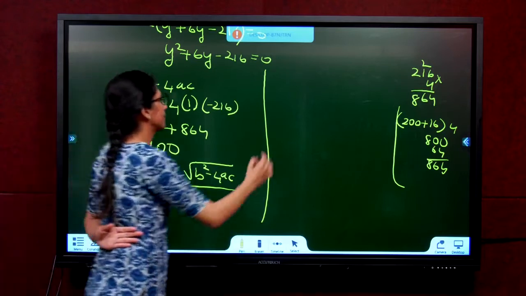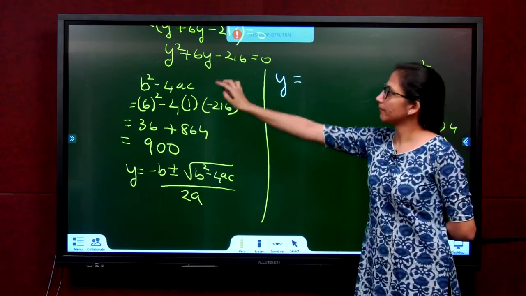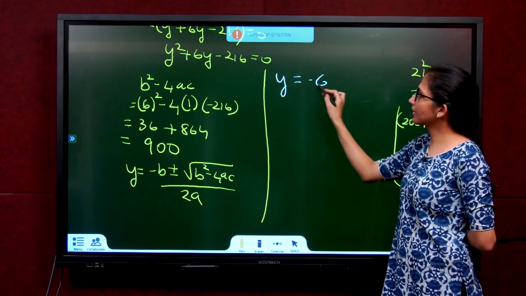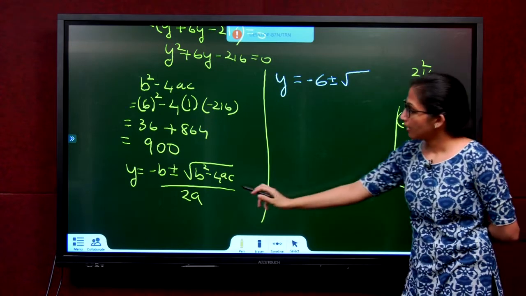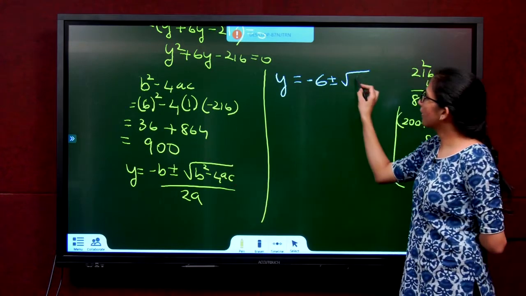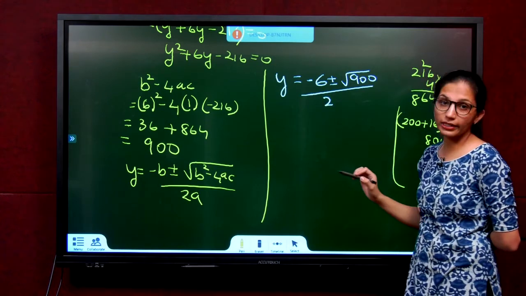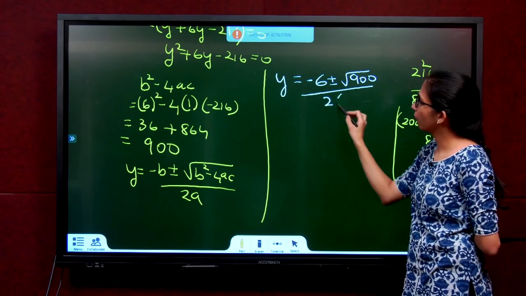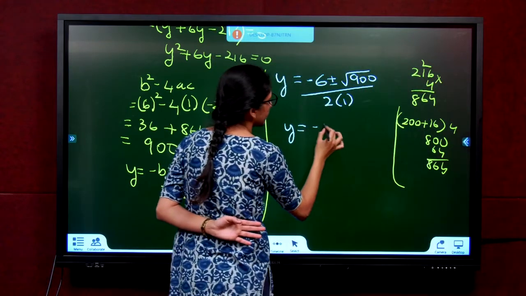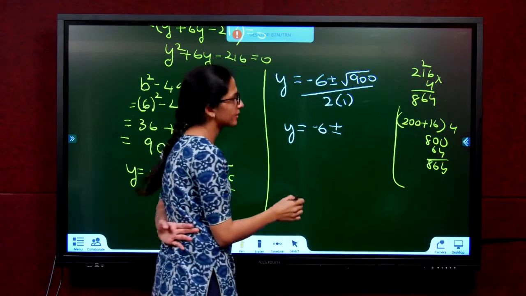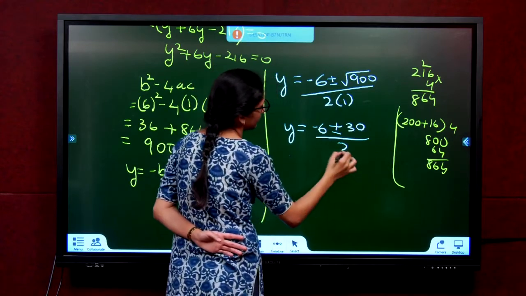So y is equal to minus b, b is 6: minus 6 plus or minus root of 900, divided by 2 into a, which is 1. y is equal to minus 6 plus or minus root of 900, that is 30, divided by 2.